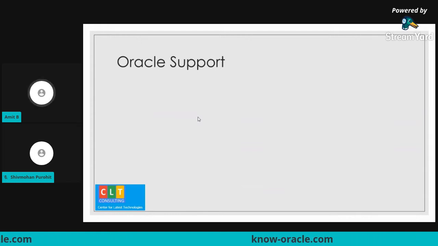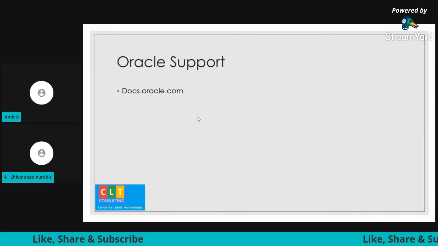Then, what support do we get from Oracle? If you have already attended the session from Shiv, he talked about docs.oracle.com, where you can find different sets of documents available for every scenario, every process, every module, every dimension.